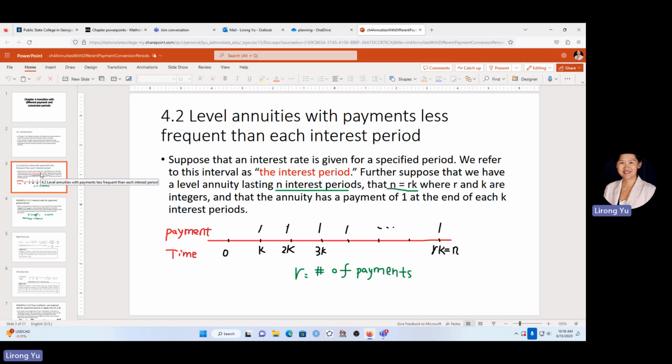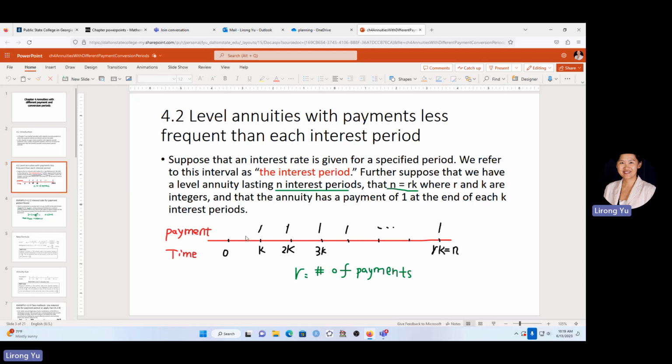So let's assume that the number of payments is R, and the length of the payment period is K. In the study of annuity, we're assuming each payment is $1. So N equals R times K.